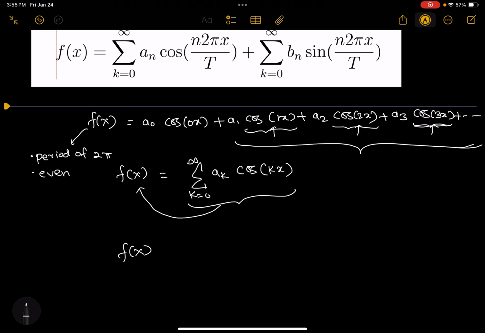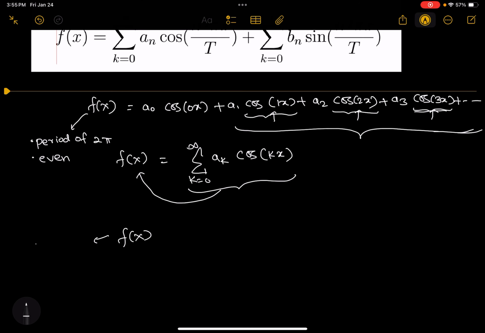Definitely x square doesn't have a period of 2 pi, but we can define a modification of x square which has a period of 2 pi, just like this, from minus pi to pi. Let's not get diverted from the topic. The interesting thing was that any function which has a period of 2 pi and is even can be written as this infinite series.